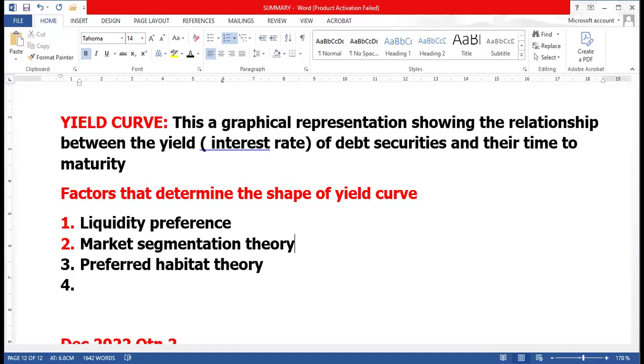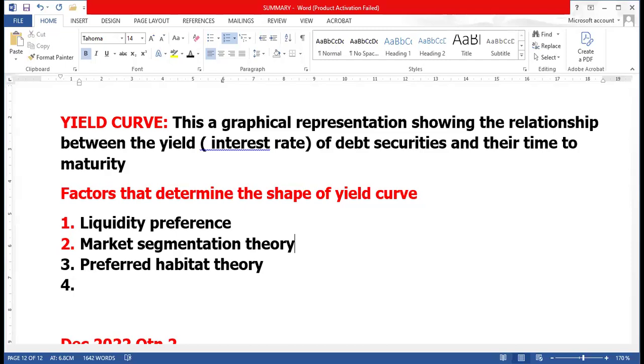Okay. So when you look at the market segmentation theory, you also immediately think about the preferred habitat theory, in a way that with the preferred habitat theory, you're just looking at the time bit of it: I have a time where I need my money in this kind of period.